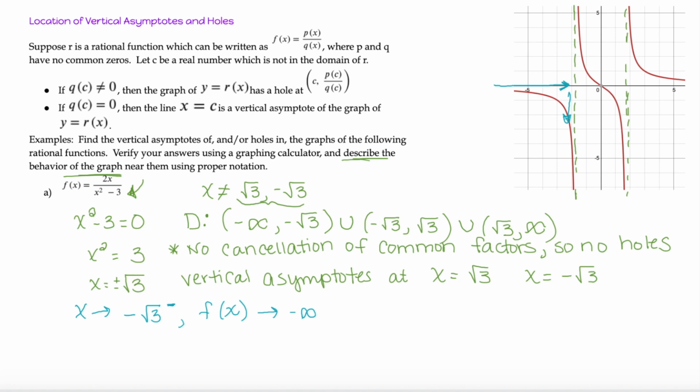Also, as our x values are approaching negative square root 3 from the right hand side, so negative square root 3 and then a little plus in the top right corner, our function values then are approaching positive infinity.